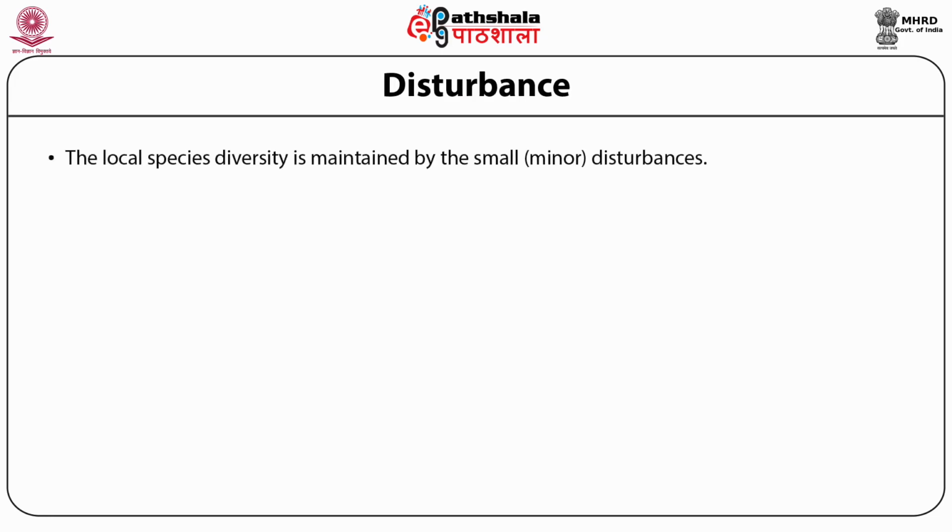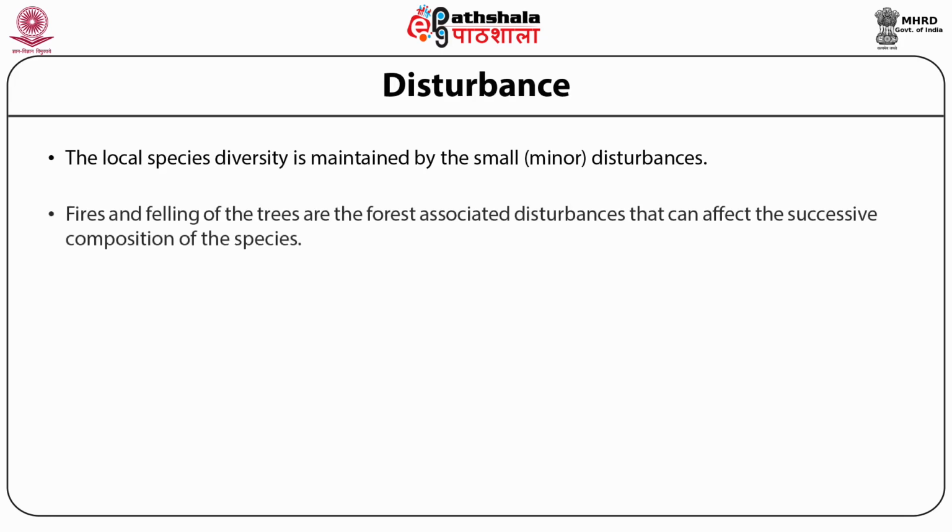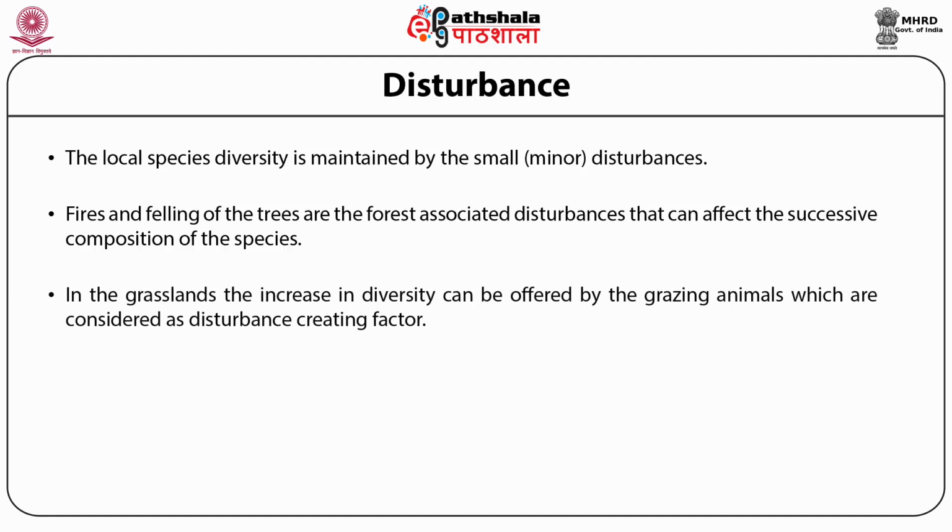Local species diversity is maintained by small, minor disturbances. Fires and felling of trees are forest-associated disturbances that can affect the successive composition of the species. In the grasslands, an increase in diversity can be offered by grazing animals, which are considered disturbance-creating factors.